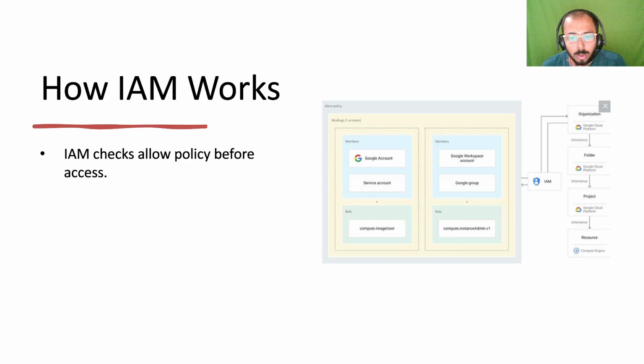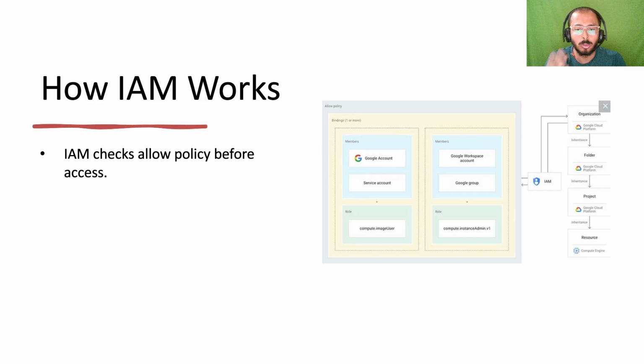And if the user is trying to perform some action that is not allowed, or the user doesn't have that specific role, let's say I have assigned a storage admin role to myself, and then I'm trying to create a VM. IAM will check what permissions the user has.